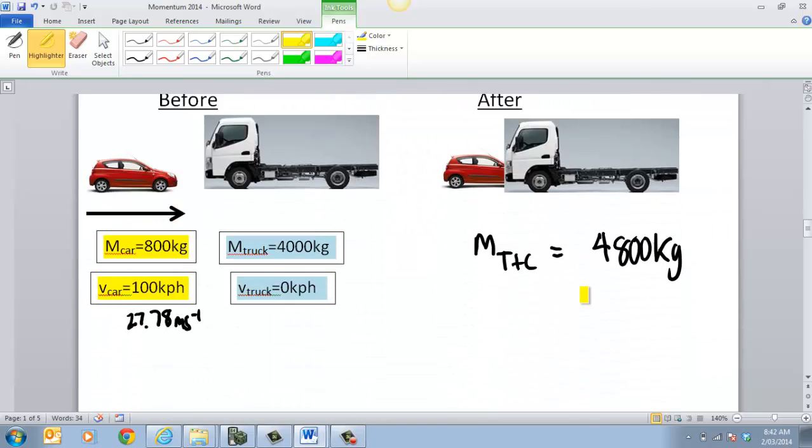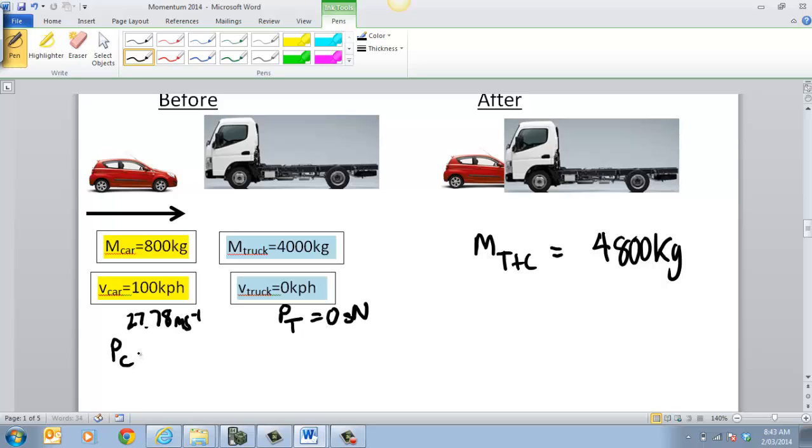Today we just want to go through a couple of examples for you. In this example we've got a truck, which is 4,000, and a car. The truck's stationary, so the car is going in and hitting a stationary truck. If the truck has zero velocity, it has zero momentum, so the initial momentum of the car and truck combined will be only that of the car.